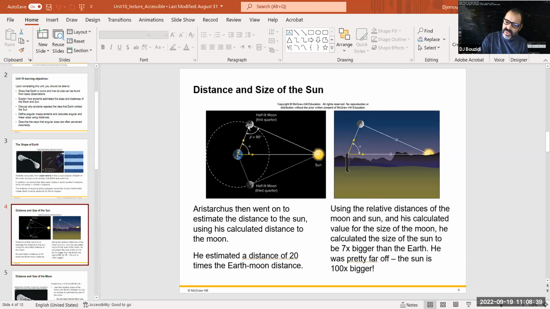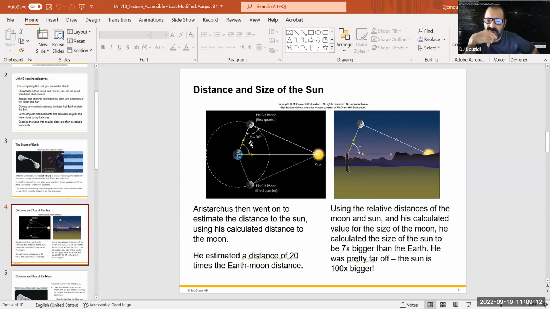And if he knows the distance to the moon, which he already made an argument for, the distance from the sun to the Earth is about 20 times the distance from the Earth to the moon. If you know this angle alpha in here, and this angle beta is assumed to be 90 degrees, his measurement was 87 degrees. That's all, okay? And that is not correct.